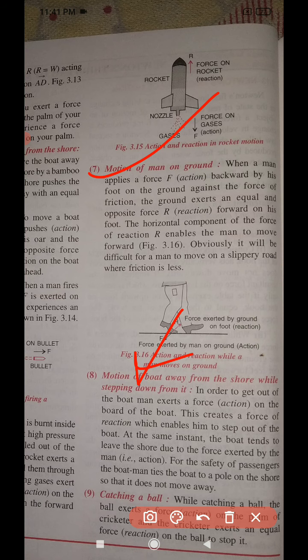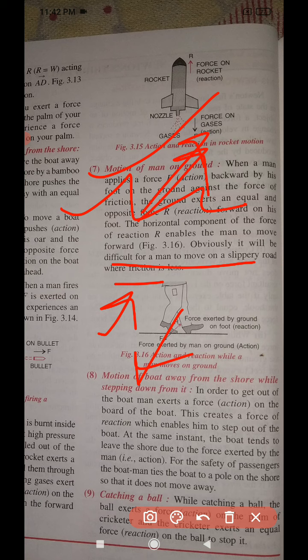We are giving the action, but as the ground is slippery, the reaction force is not acting properly. If it is a rough surface, the reaction force will be good, because friction is high. If there is no friction, the reaction force is weak, and we are not balanced properly.